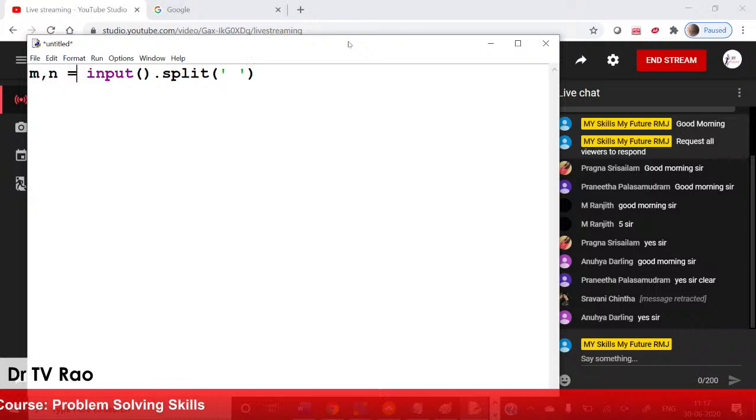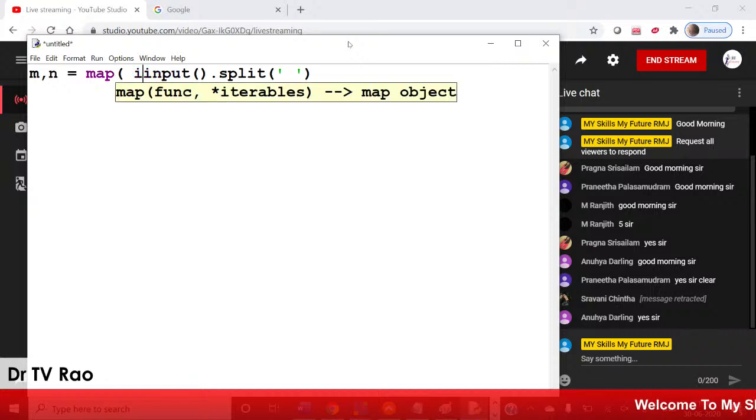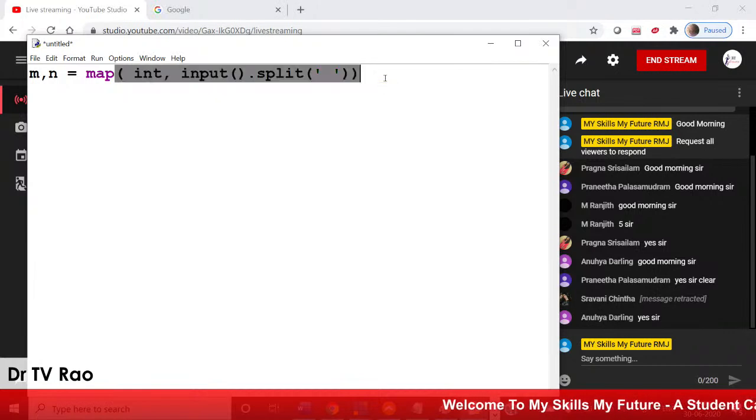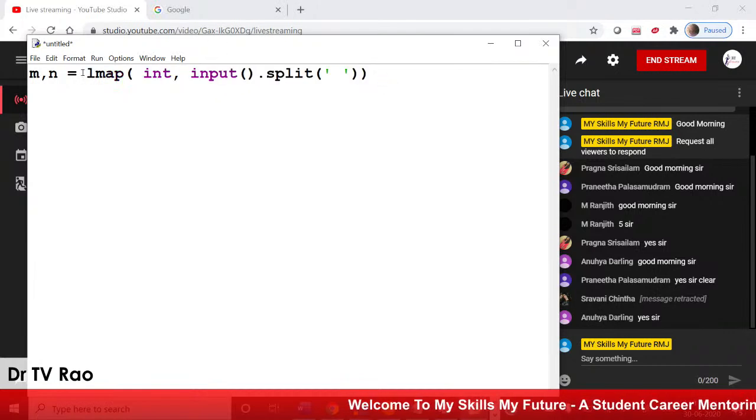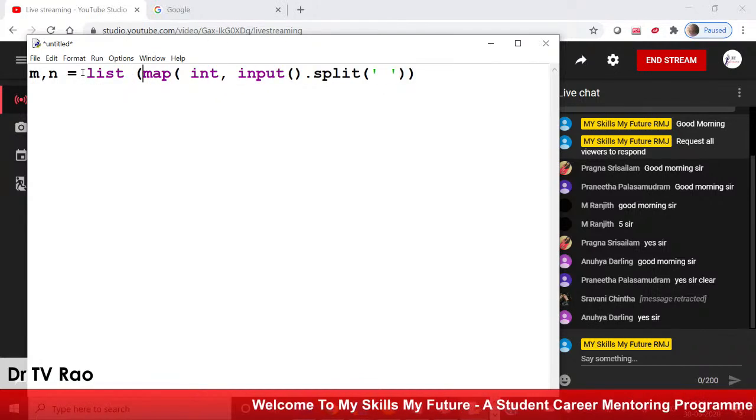And map them into integers. And make it a list. Okay.